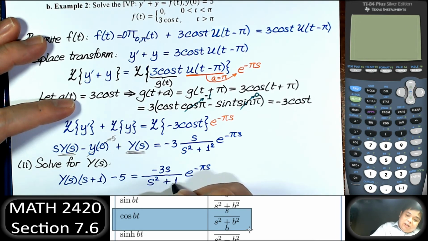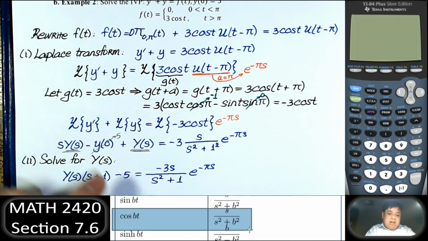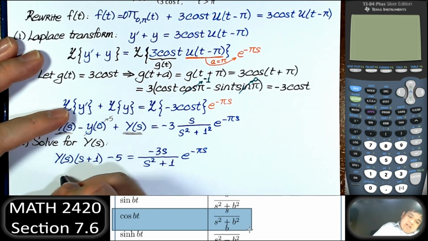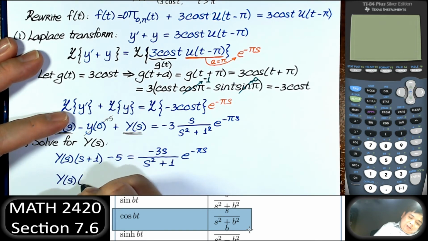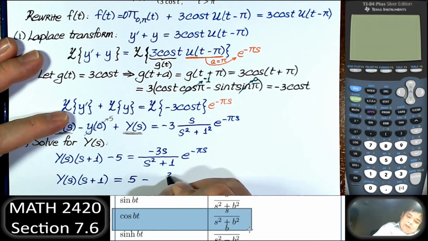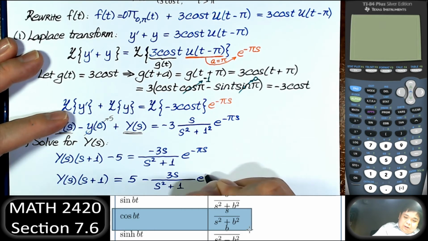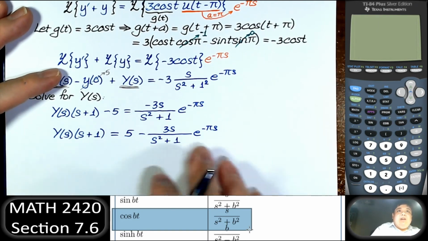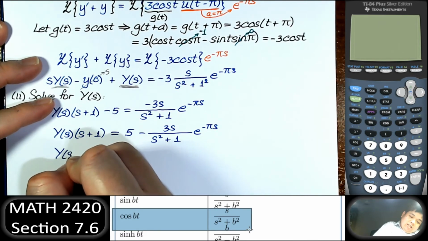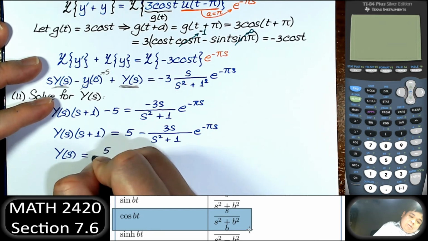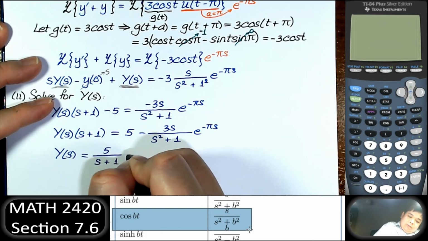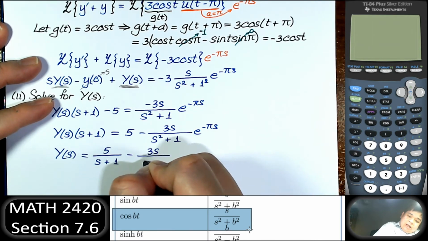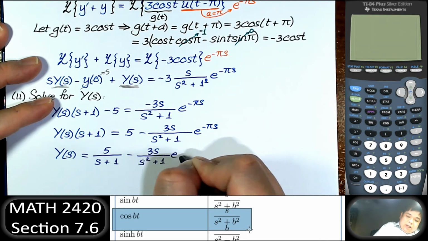Move the 5 over and then divide by s plus 1, and we have Y of s equal to 5 over s plus 1 minus 3s over s squared plus 1 times e to negative pi s, all divided by s plus 1.